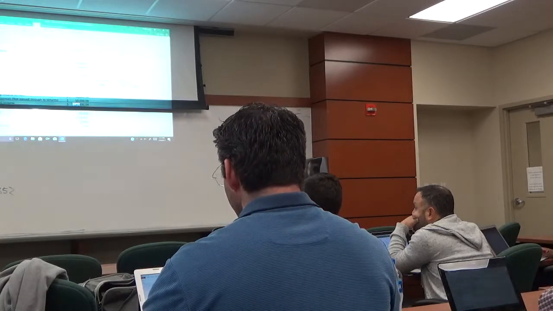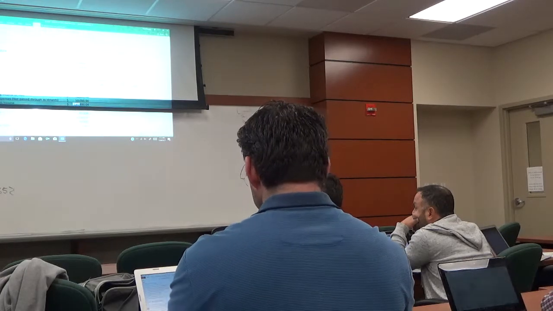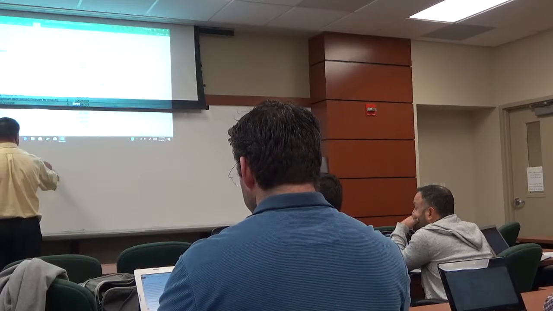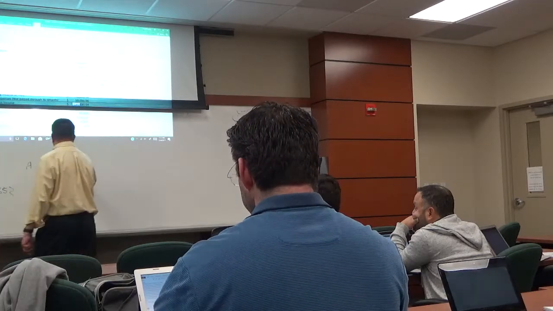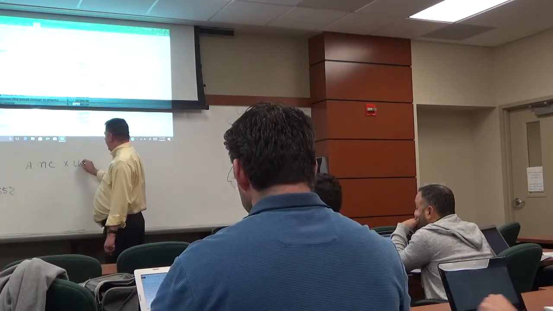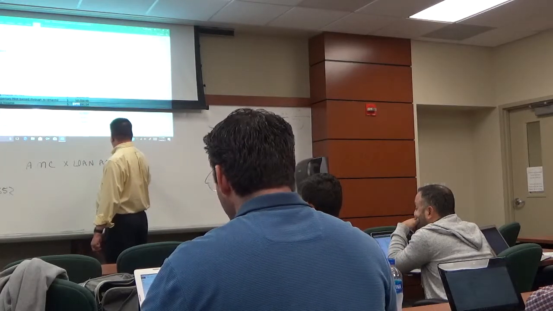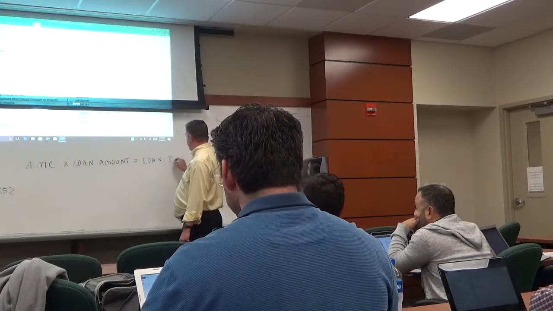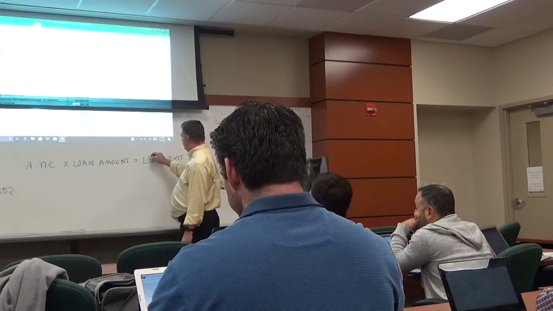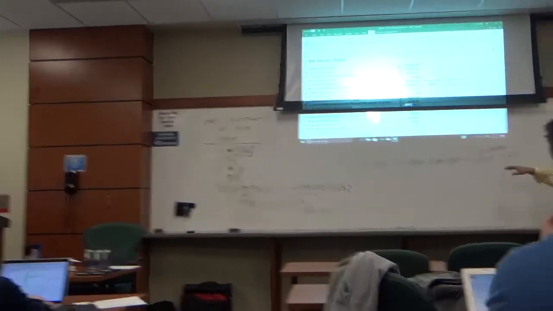Now, what we can do with that number, and this is where the application aspect comes into play, is take the annual mortgage constant and multiply it by our loan amount, and that is going to give us our annual loan payment for the mortgage.